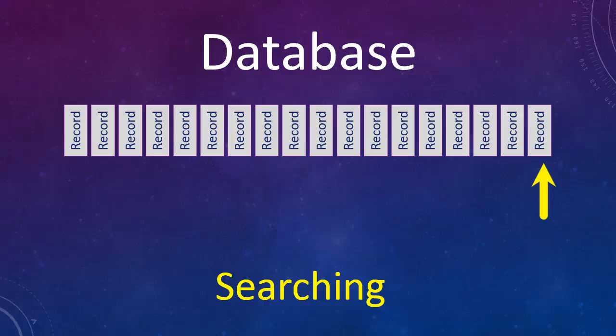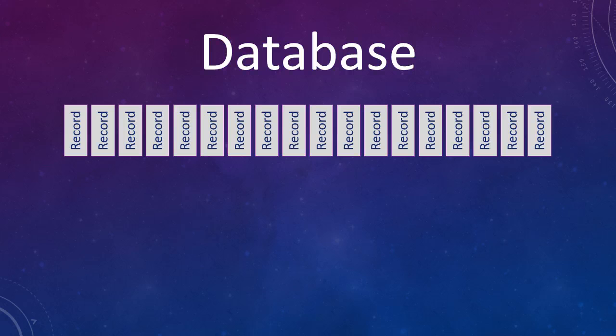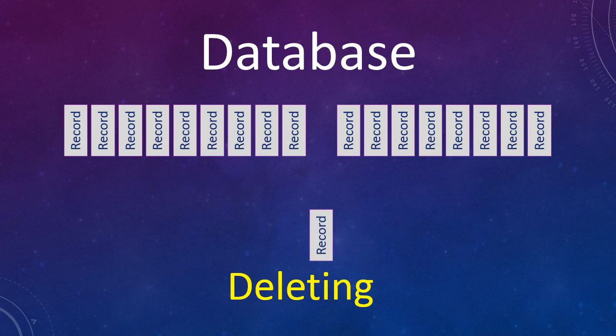Now there's two other aspects of data structures, databases, that we need to deal with. The other one there is deleting information. Okay, so how do we get information out of our data structure?